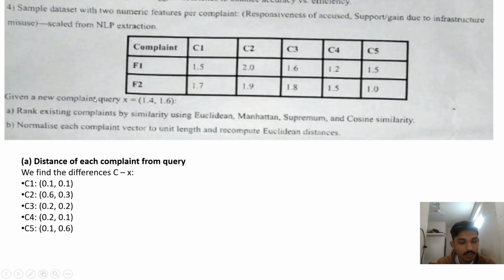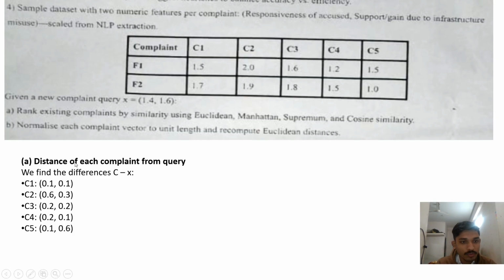We are given a query point, which is 1.6 and 1.4. We have to rank all the existing complaints on the basis of distances: Euclidean, Manhattan, supremum, and cosine similarity. After that, in the B part, we have to normalize each complaint vector to unit length and recompute the Euclidean distance.